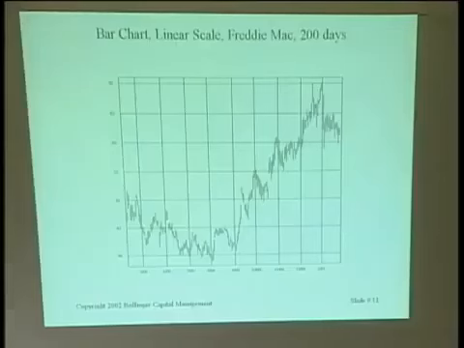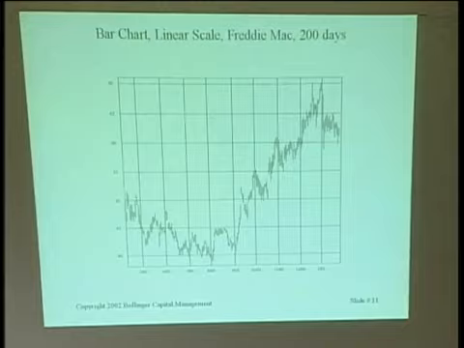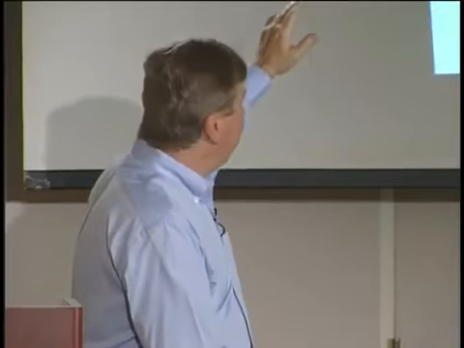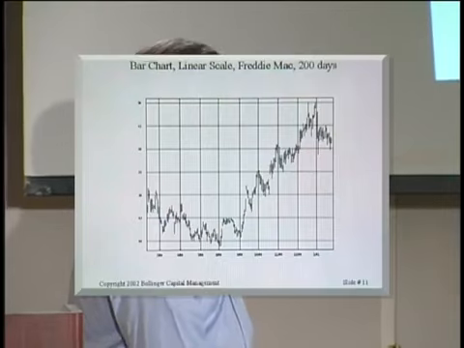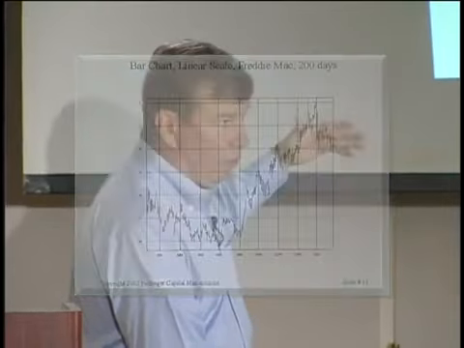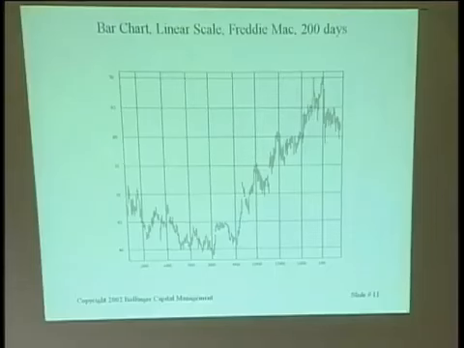We're back to your basic price chart, and what we're going to talk about now is the scaling of the price chart. This is a linear scale. Each distance on the price chart is equal to a certain amount of points in the stock, and that value is the same whether we're down at the bottom of the chart or at the top of the chart.